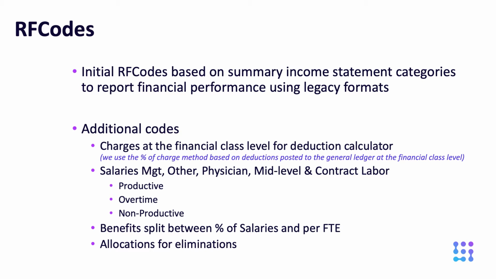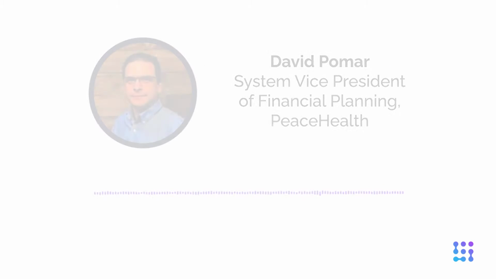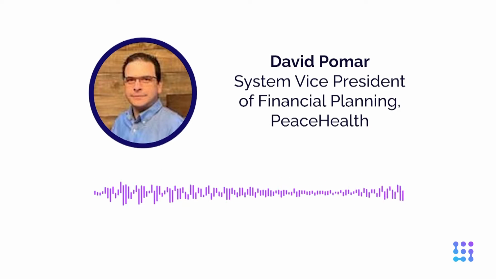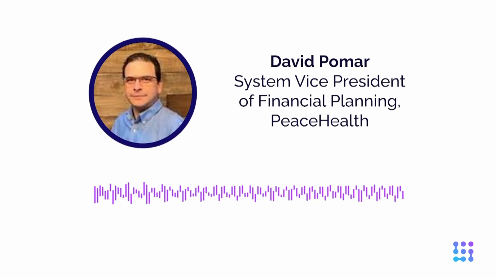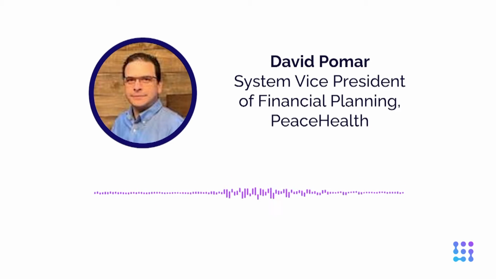We are using that deduction calculator for the 10 hospitals, and we use the percentage charge method to calculate that deduction. For the first quarter, because we didn't have the general ledger actuals aligned with those financial class accounts, we had to use ZBA rates and load those in manually.